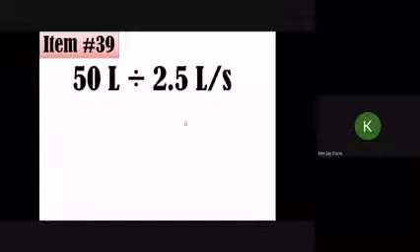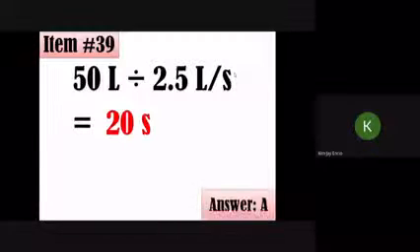This liters, if you divide by 2.5 liters per second, the L will go in the denominator and the seconds will go in the numerator. So the liters will cancel. That's why only the second will remain. That's why it will take you 20 seconds. Letter A.